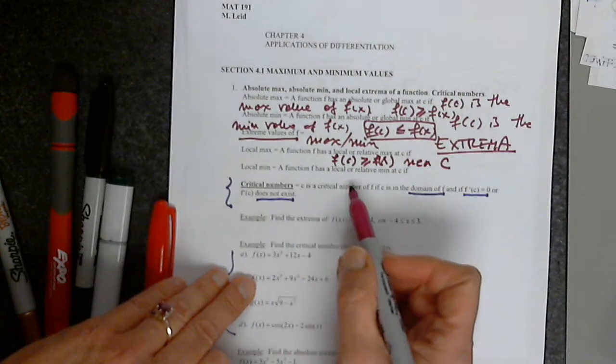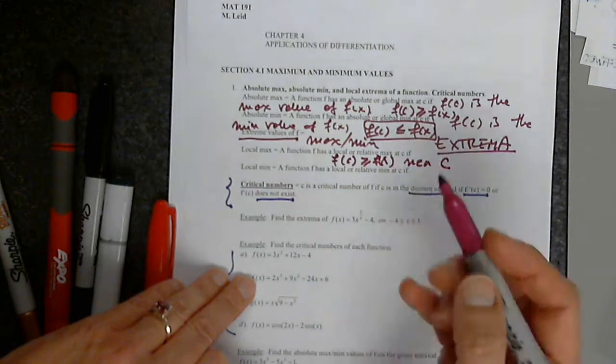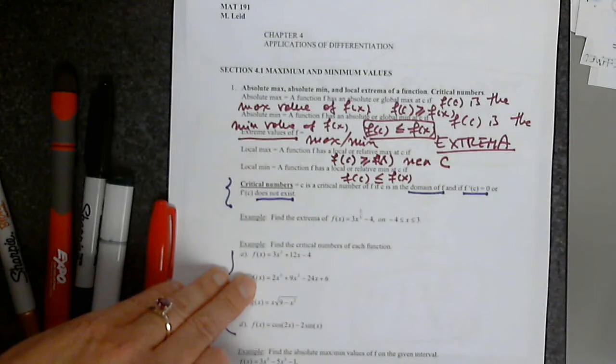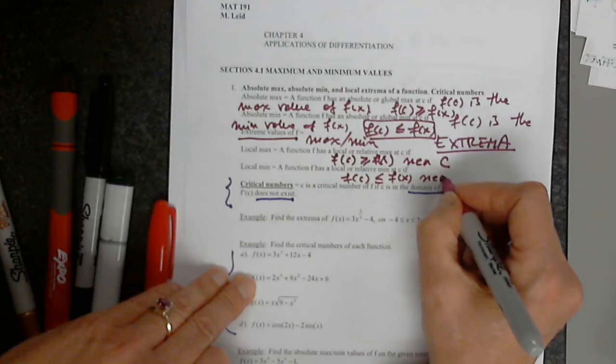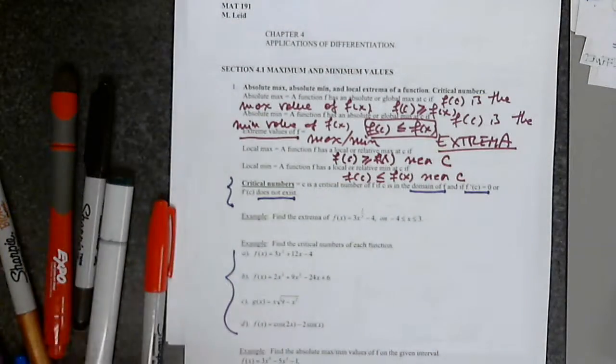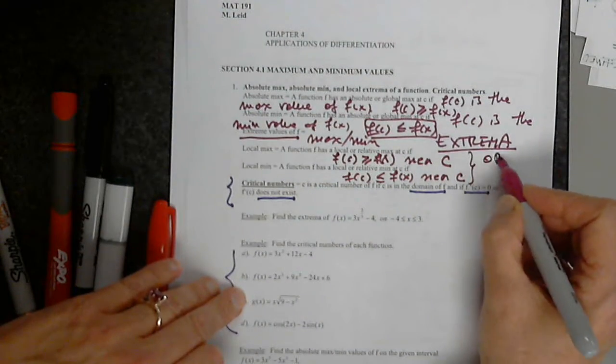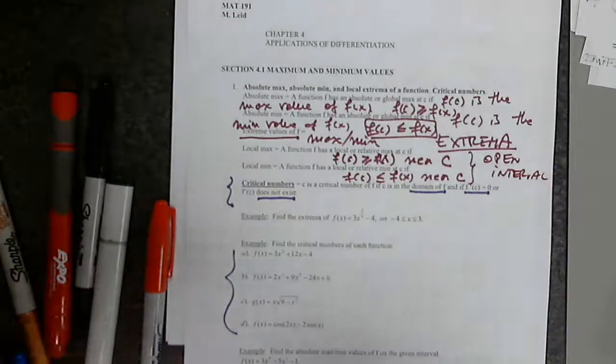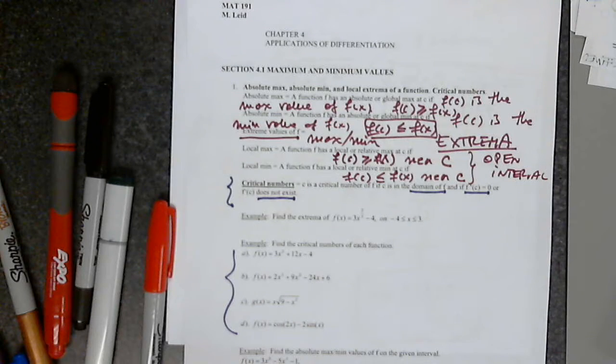Local min: a function f has a local or relative min at c if f of c is less than or equal to any value f of x but near c. So these two are talking about the open interval. If I cannot show the open interval around c, then that is not a local.